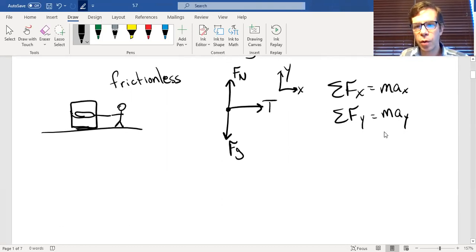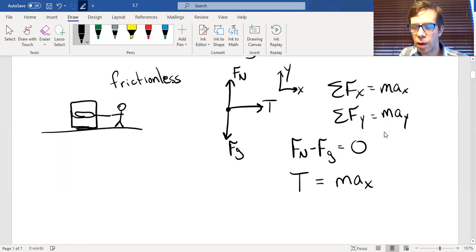All right, so in the y direction, we have normal force minus gravity equals 0. He's pulling horizontally on it. So in the x direction, the only force in the x direction is tension, and it's in the positive x direction. So that's equal to ma in the x direction.